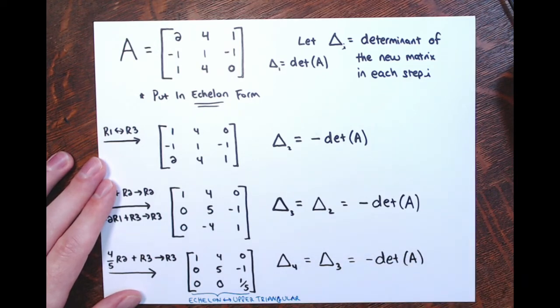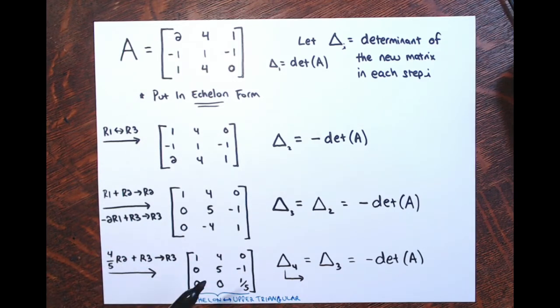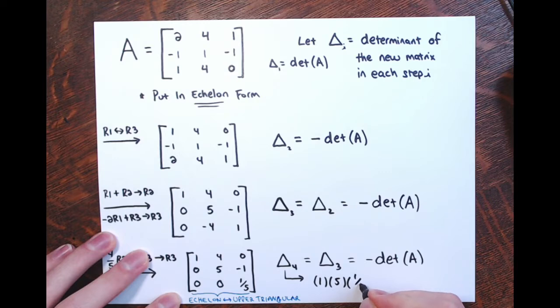All right. Now, the determinant of this fourth matrix, I know, because it's upper triangular, it's 1 times 5 times 1/5. So 1 times 5 times 1/5 is the opposite of the determinant of the original matrix. And then I solve for the determinant of the original matrix.